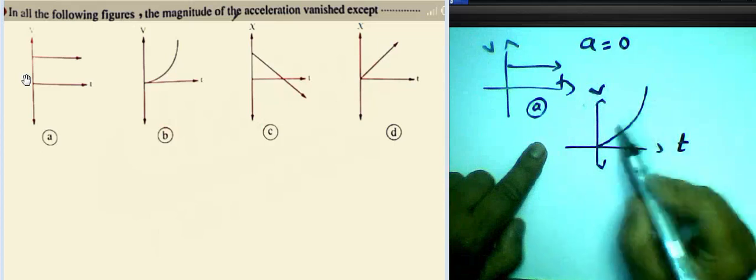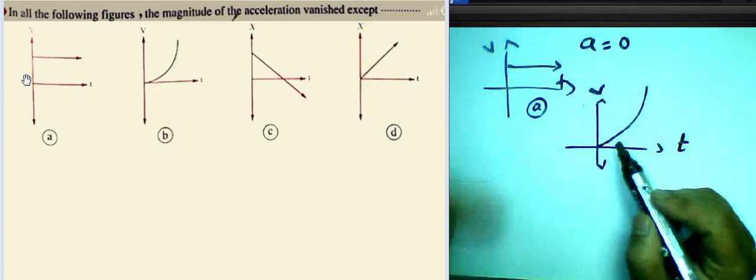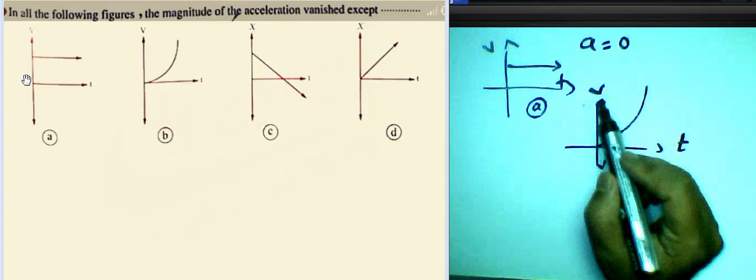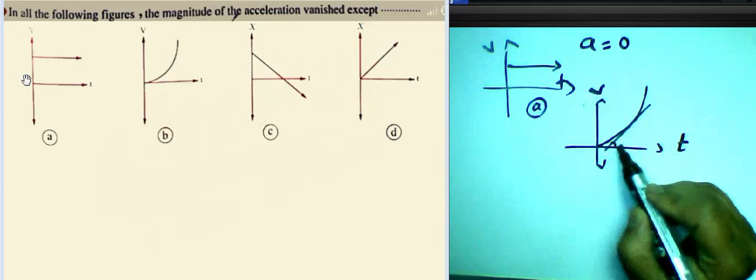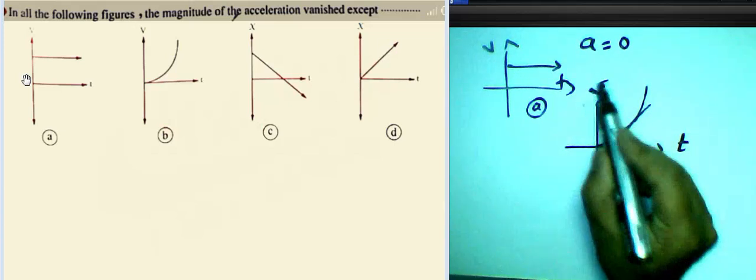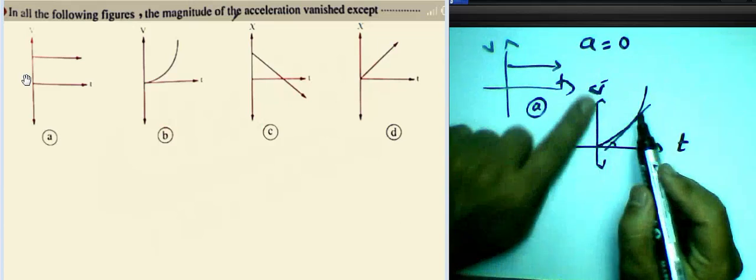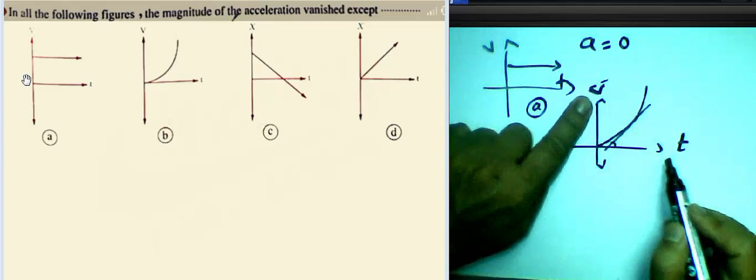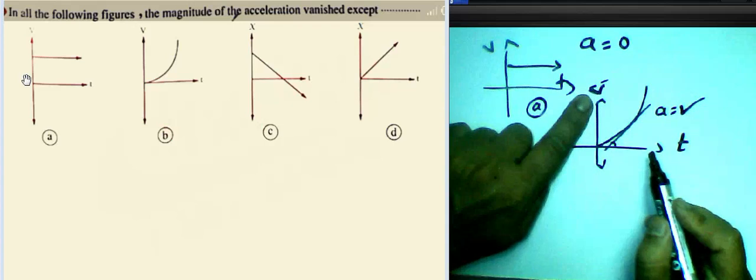If you want to find the acceleration, it means the slope or derivative of this curve, the derivative of velocity with respect to T. Then we have acceleration here.